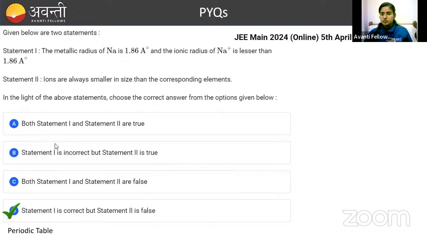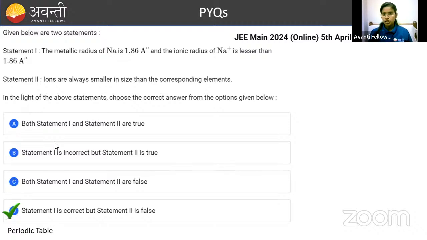Now let's discuss. Okay. So in statement 1, we have the metallic radius of sodium is 1.86 and the ionic radius is less than this. I will give you one relation. So if the atom is the same, and if I have the cation and the anion of that corresponding atom, then the radius of the cation will be small.